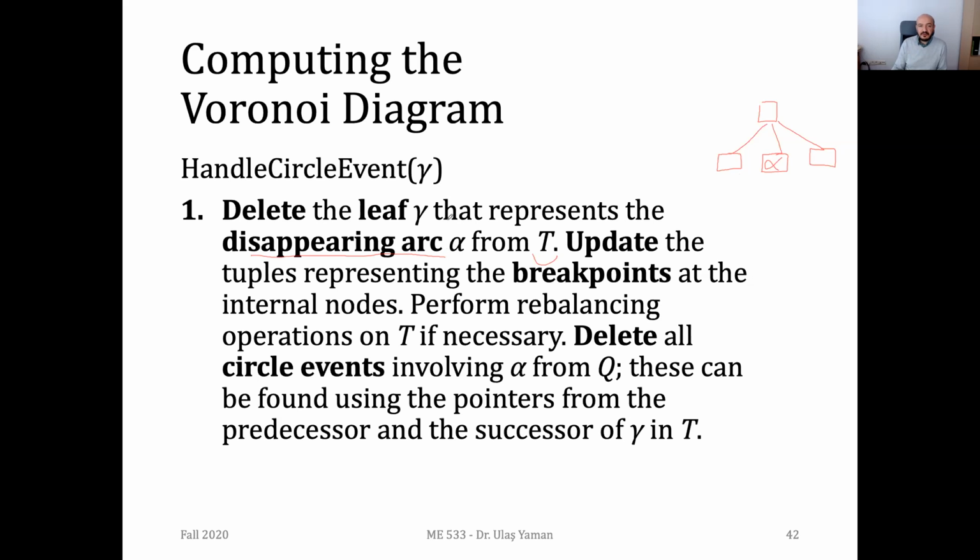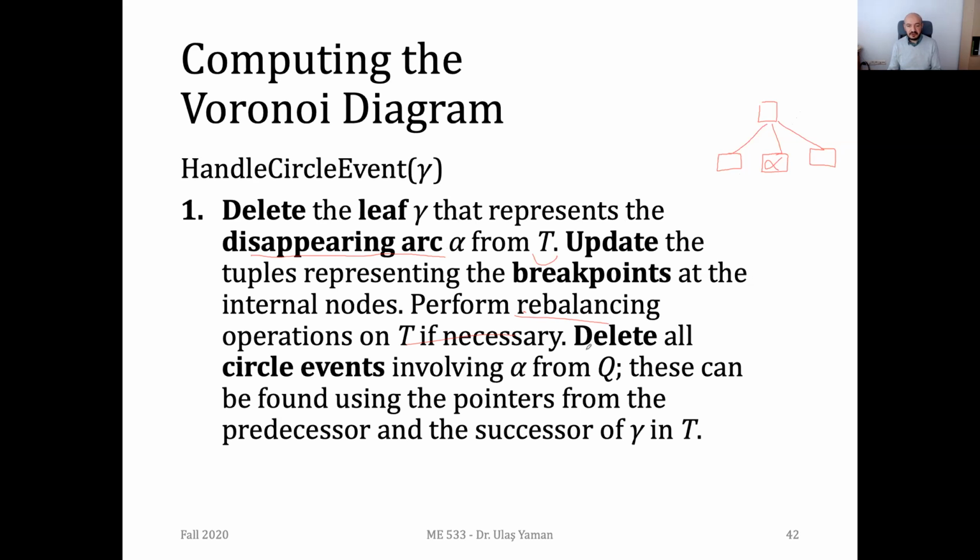If it's disappearing, obviously what we are going to do is delete it from our data structure. And again, we need to do some updates on the data structure, update the pointers, and do some rebalancing operations so that everything is still fine and we can continue with the remaining steps.